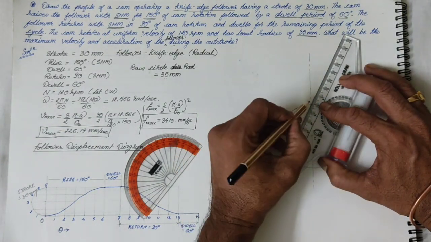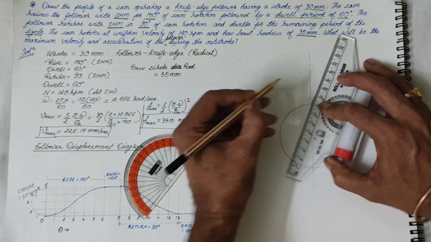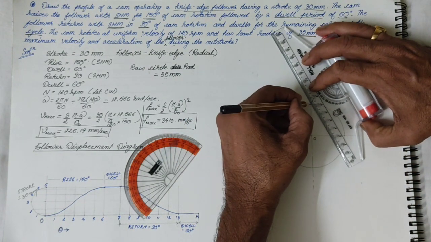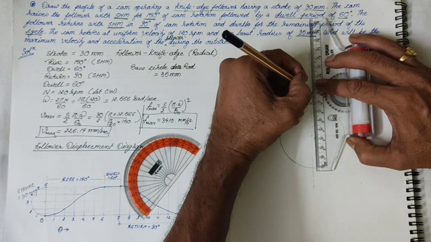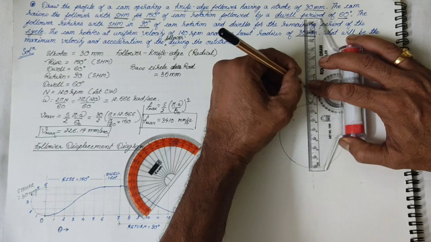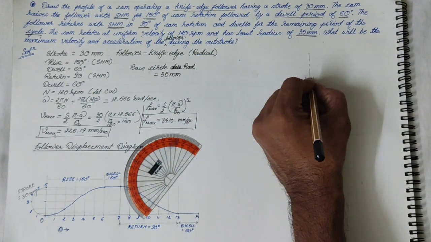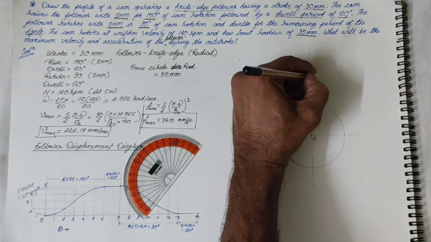So we simply draw the first position of the follower, like this, maybe in between the guides.